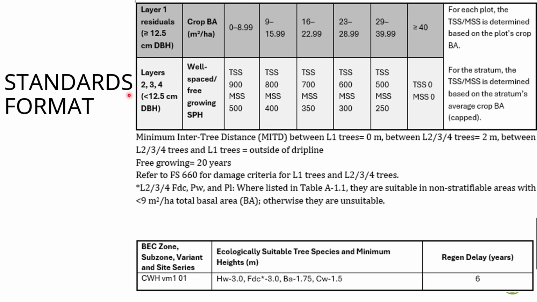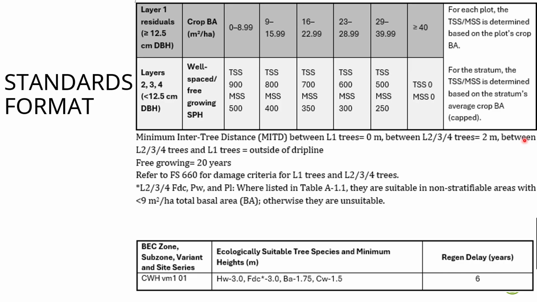Then, in the lower row, you have target and minimum stocking standards for well-spaced or free-growing tree tallies for the understory layers, layers 2, 3, and 4. And there's a different target and minimum for each of these basal area groupings. That's because this approach accounts for the joint influence of overstory basal area and understory density in assessing regeneration adequacy.